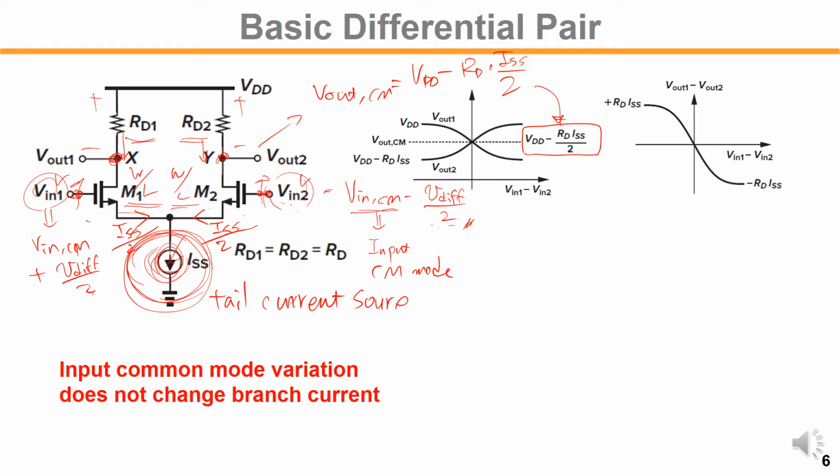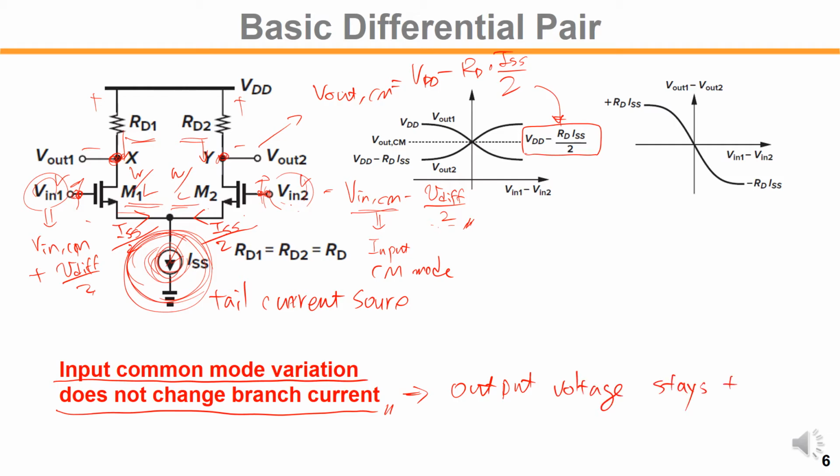So this gives us a large tolerance on the input CM variation. Input CM variation does not change the branch current, and the output voltage stays the same.